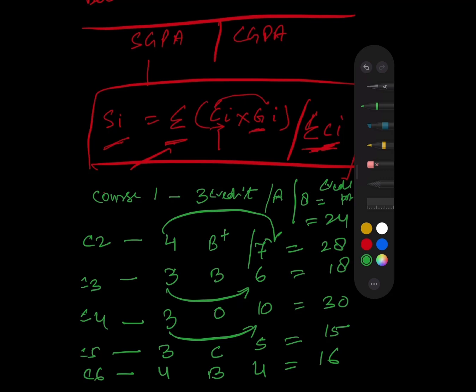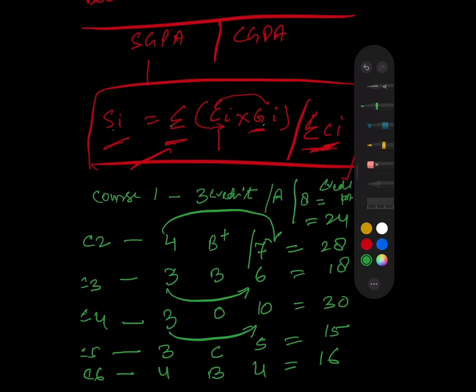This is the chart. Now, what is the formula? Semester SGPA equals the sum of credits of the first course into grade of the first course, 4 into 7, and so on, upon the total number of credits.